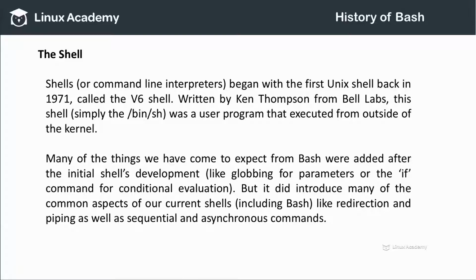It had a lot of functionality when it was developed in 1971, but a lot of that stuff continued to be built upon as it was used throughout the early 70s. But it did introduce many of the common aspects of our current shells, including bash, like redirection and piping, as well as the ability to handle sequential and asynchronous commands.